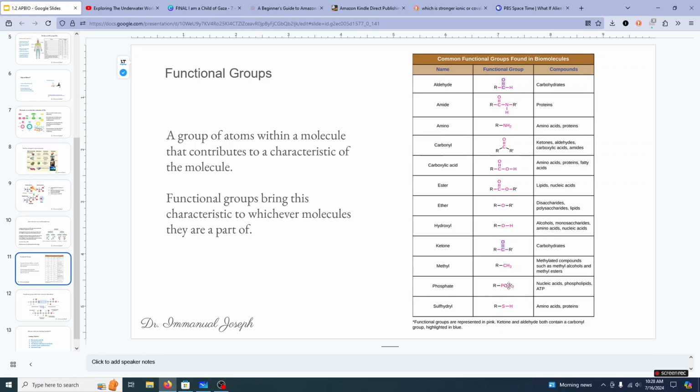Phosphate groups are really important in DNA and RNA because they form the sugar-phosphate backbone structures. Also, the phosphate group is important in ATP and ADP, the energy currencies of our cell, because energy is stored in the bonds of phosphorus and oxygen, which when broken down is going to release energy.